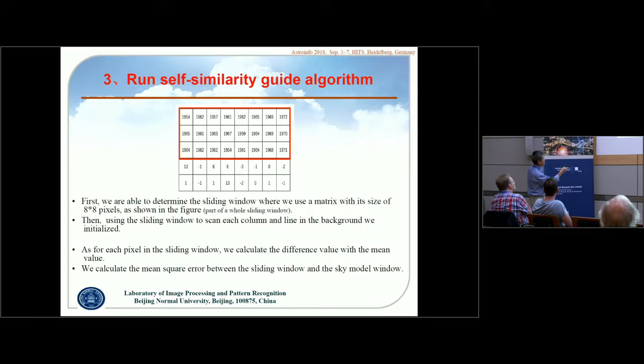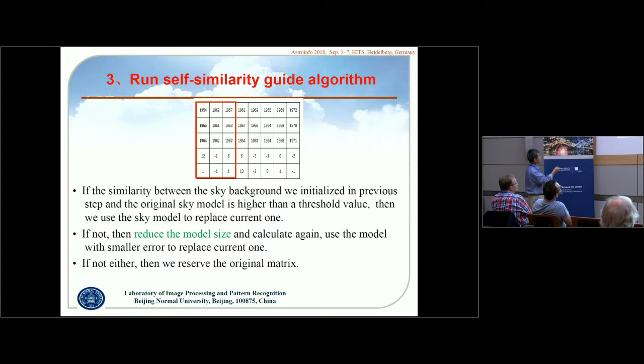With self-similarity, one sky light is similar to its neighbors with only small variation, which gives this model. We start from several pixels, then expand to more pixels, then expand to the whole image.